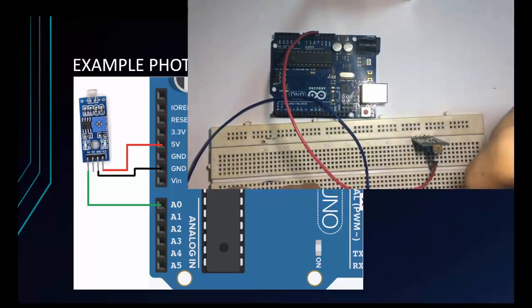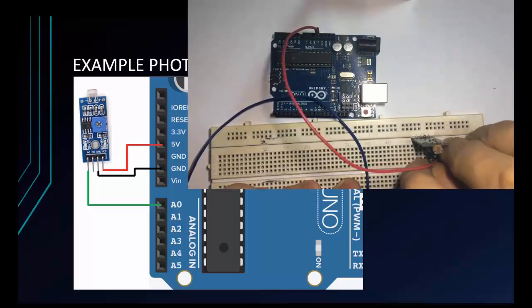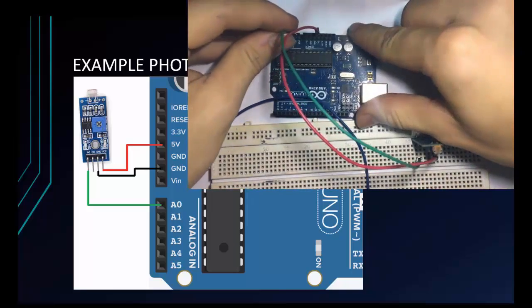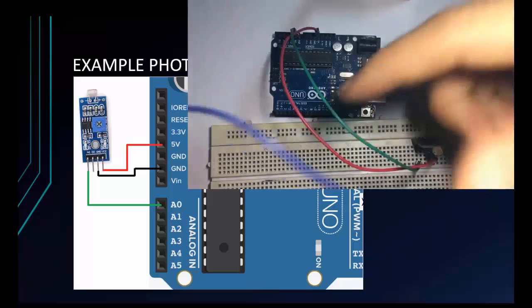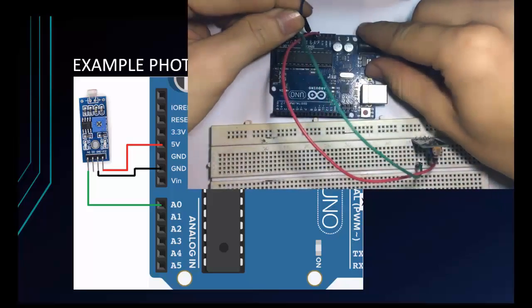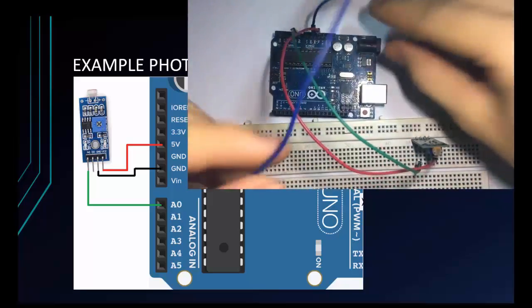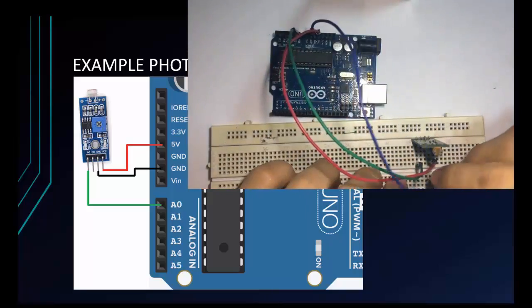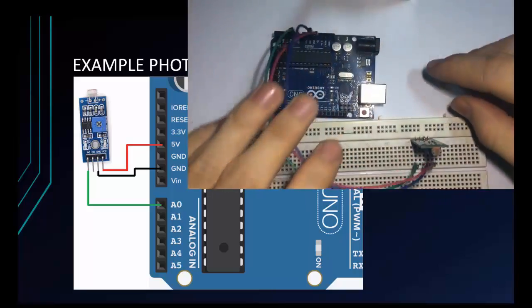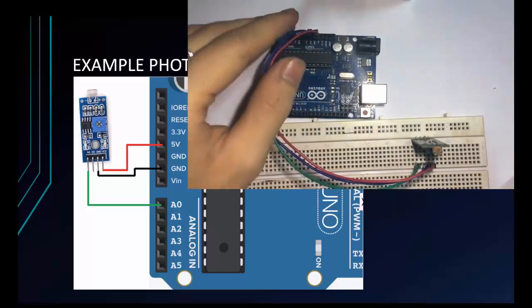Next is A0 to analog. And the last one is GND. Okay, GND is the green wire.